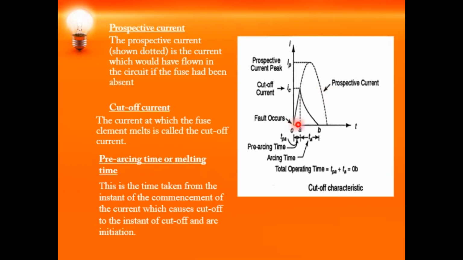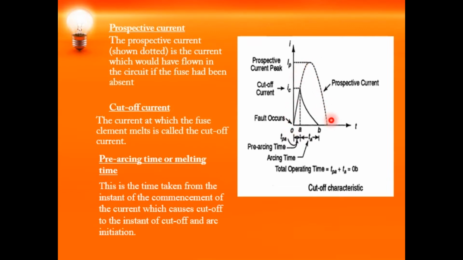If a fuse is present and if the fault occurs, the fuse will melt at a point which is the cutoff current. So cutoff current is the current at which the fuse element will melt. If the fuse is absent, on occurrence of a fault, whatever current flows is called the prospective current.